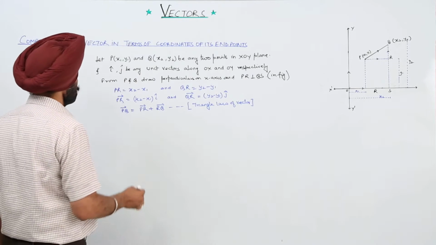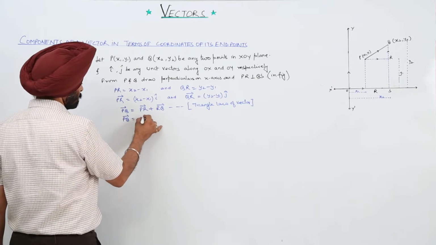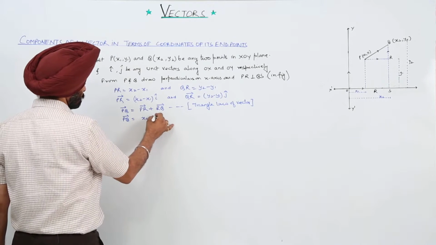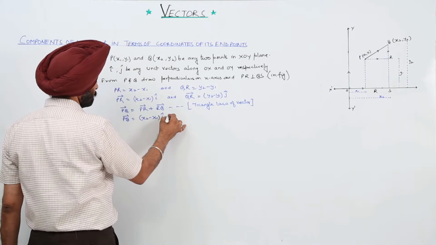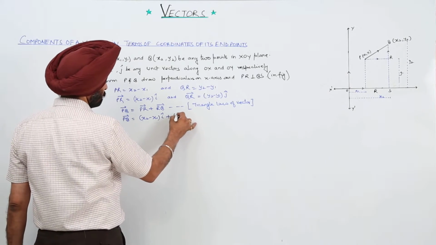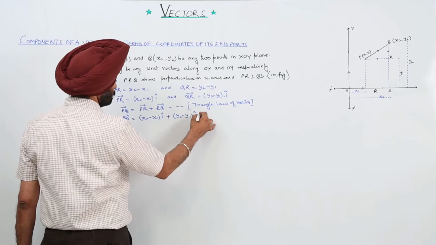Okay. Now PQ is equal to x2 minus x1 with i cap followed by y2 minus y1 with j cap.